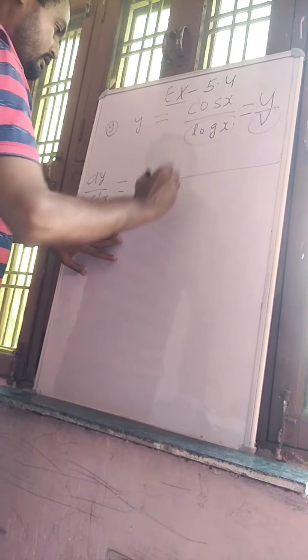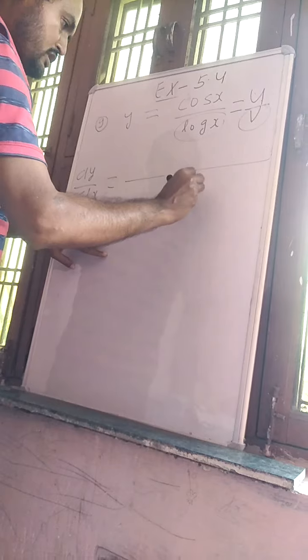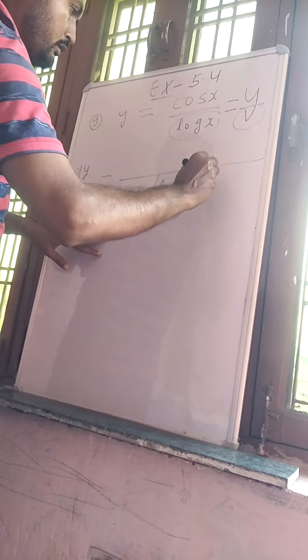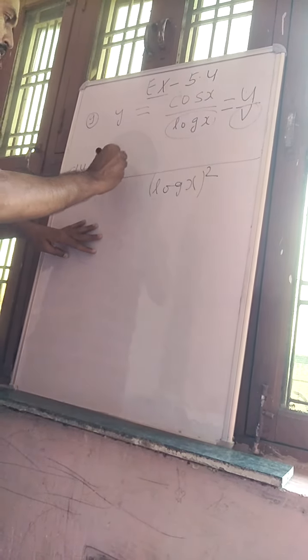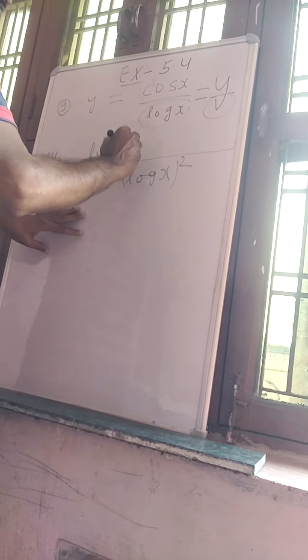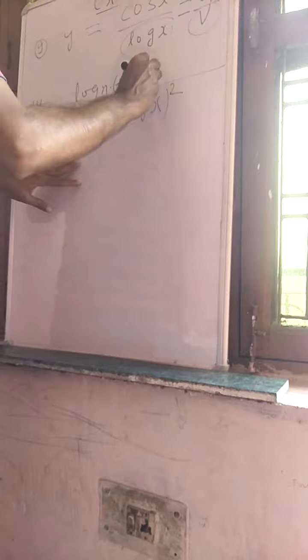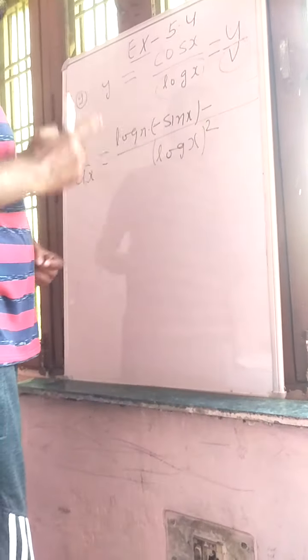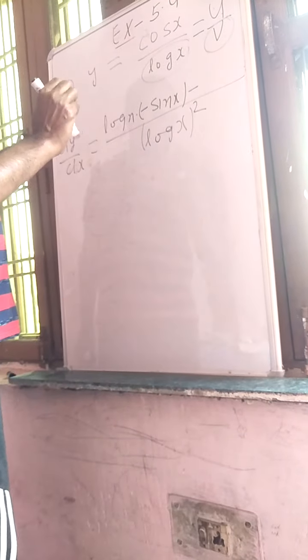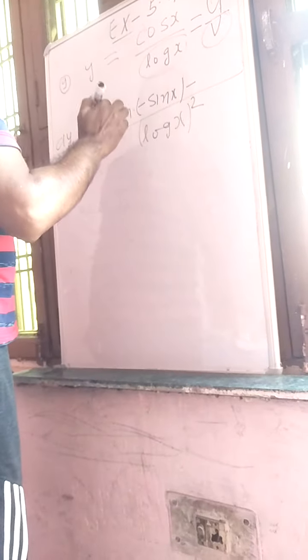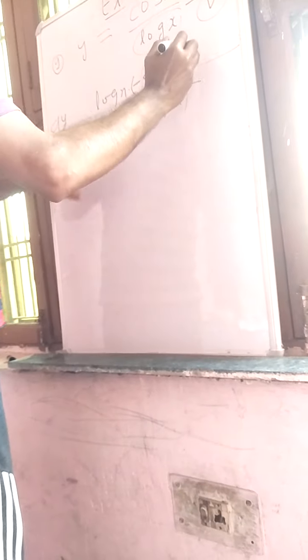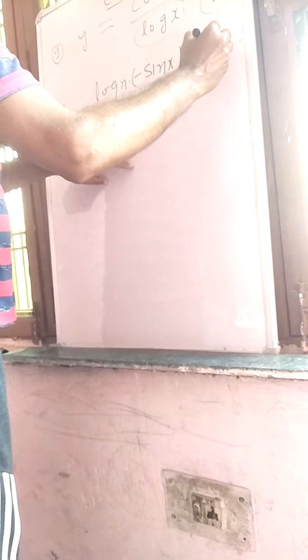So v is log x. First of all, we have to write from here. This is log x. We have to take log x. This is v, and differentiation of cos x means minus sin x. So minus, and this sin x, remaining cos x, and log x derivative is 1 upon x.